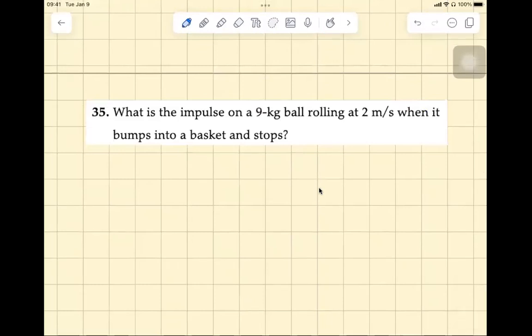What is the impulse on a 9-kilogram ball rolling at 2 meters per second when it bumps into a basket and stops? The impulse is equal to delta mv, and in this case, it's the v that changes. So that's equal to m delta v, which is the mass times the final velocity minus the initial velocity. Let's rewrite it down here.